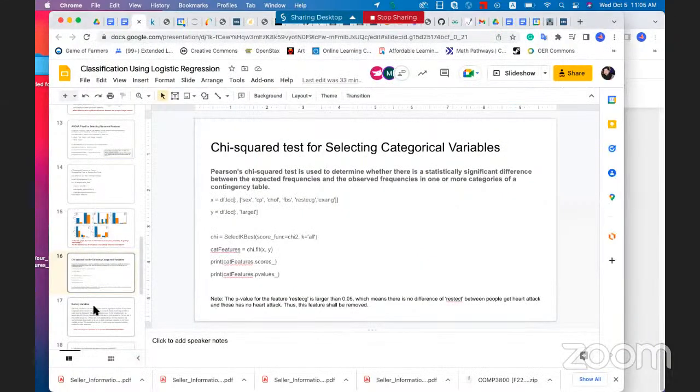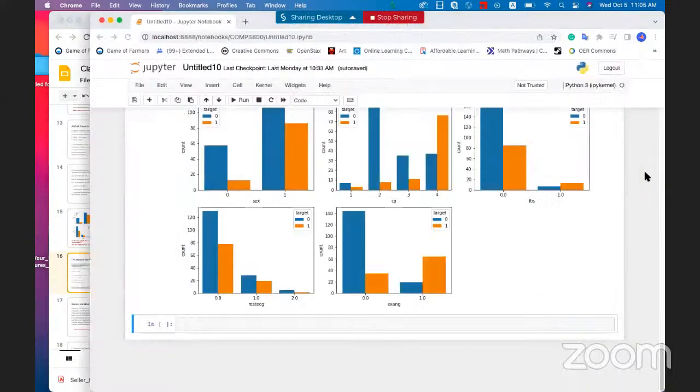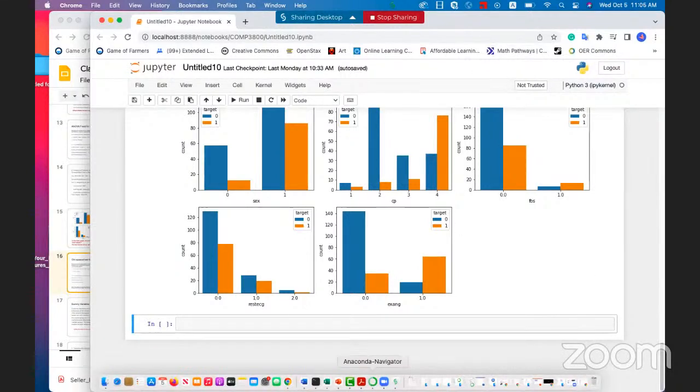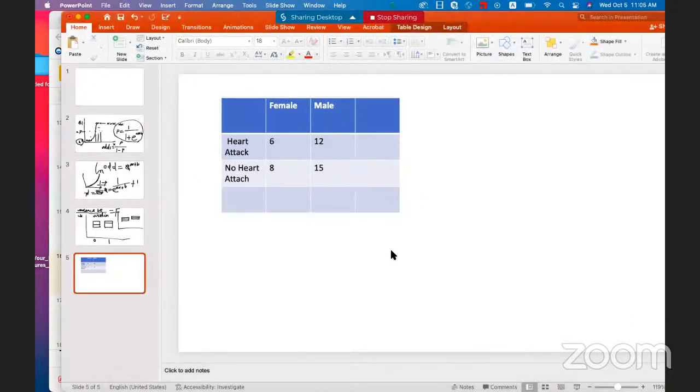So how does this chi-square value work? The computer will calculate it for us, but we need to know how it's calculated.